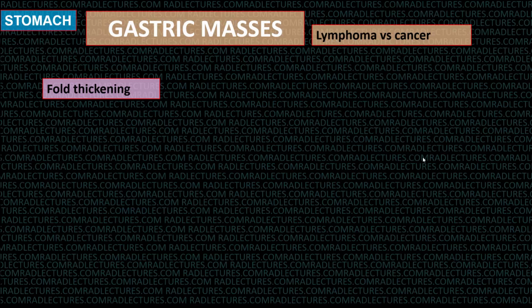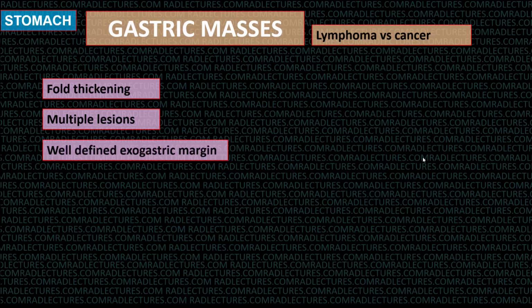So if there is marked fold thickening, you consider lymphoma rather than a cancer. If there are multiple lesions, then you consider lymphoma rather than cancer. If the exogastric margin, as I showed you, is well defined, consider lymphoma. And if there is extensive lymphadenopathy, consider lymphoma.